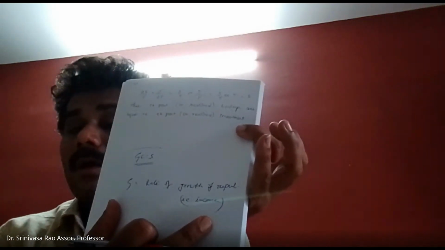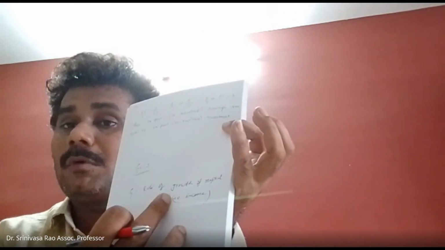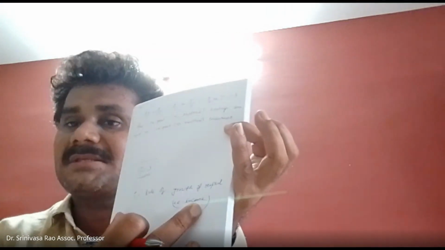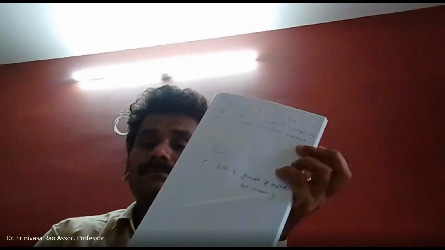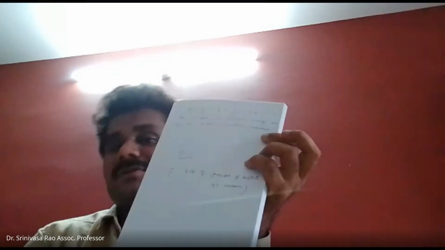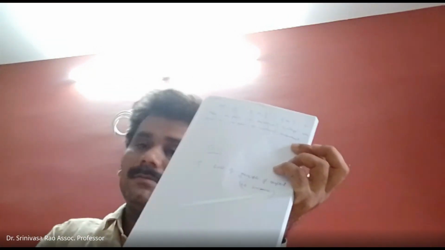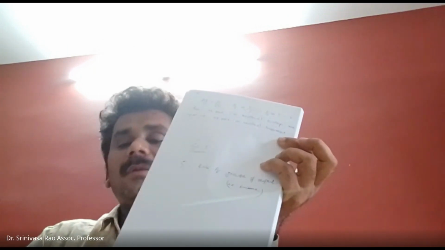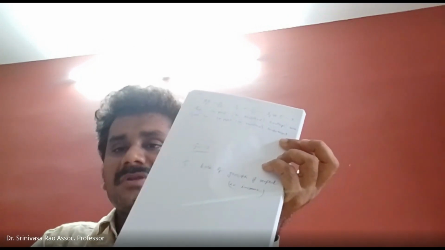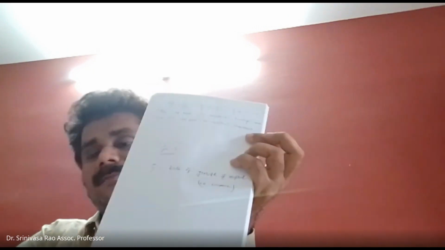Because the value of output of goods and services is the income of the households. The value of output 1 lakh, households' income 1 lakh. Because to produce this 1 lakh worth of goods and services, the business units and the entrepreneurs have to hire the factor inputs: land, labor, capital, organization.